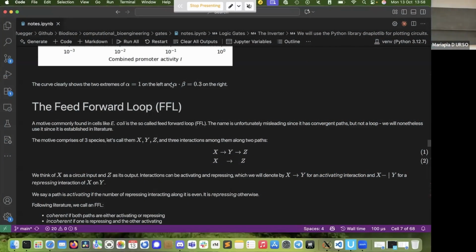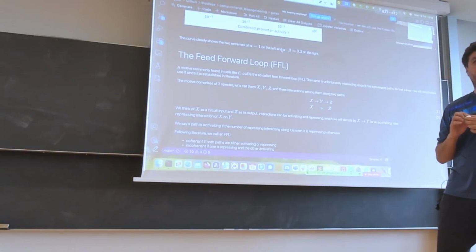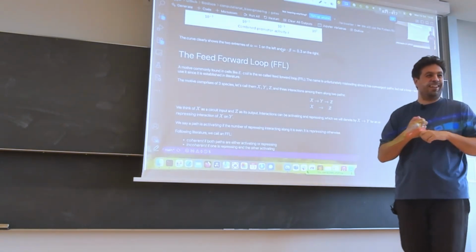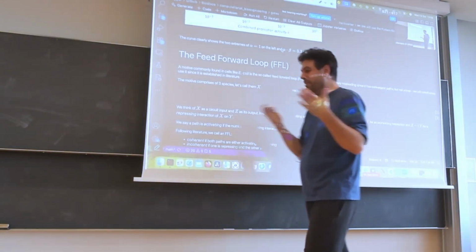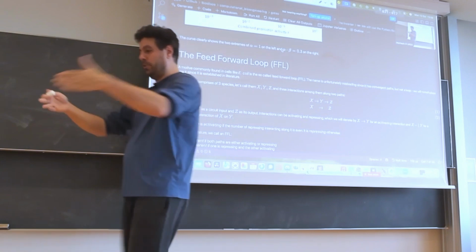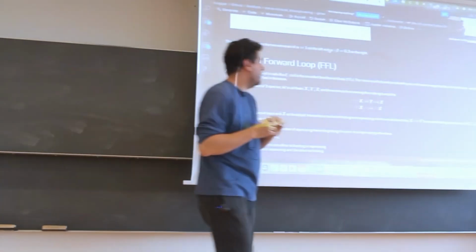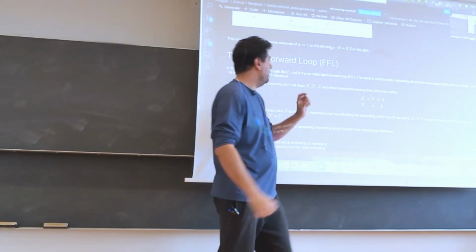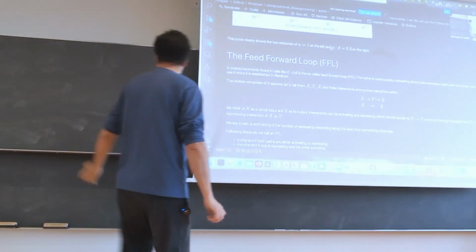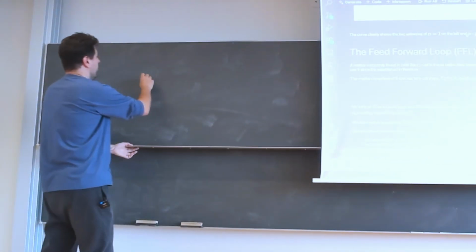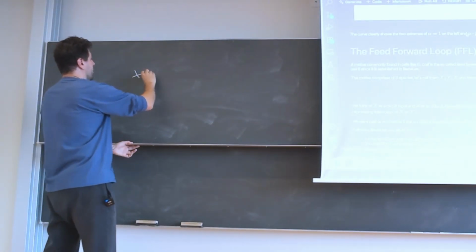So what is an FFL? It's called a feed-forward loop, and it's not a loop. It's actually a directed graph that is splitting and merging again, but it's not a loop. And typically, in terms of regulation, you have an input X to this FFL.